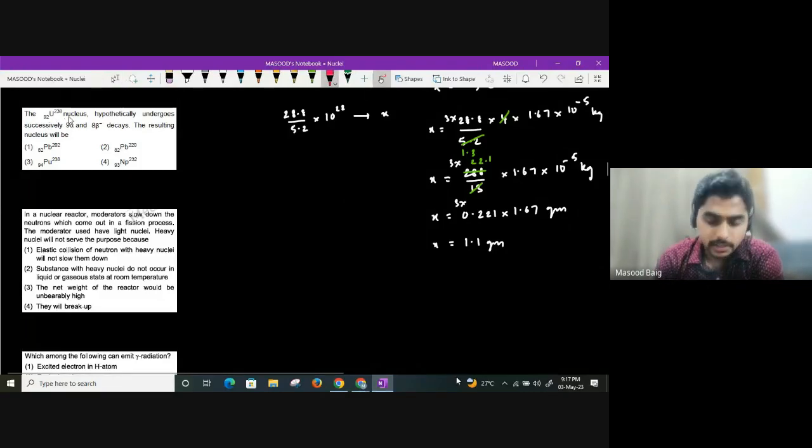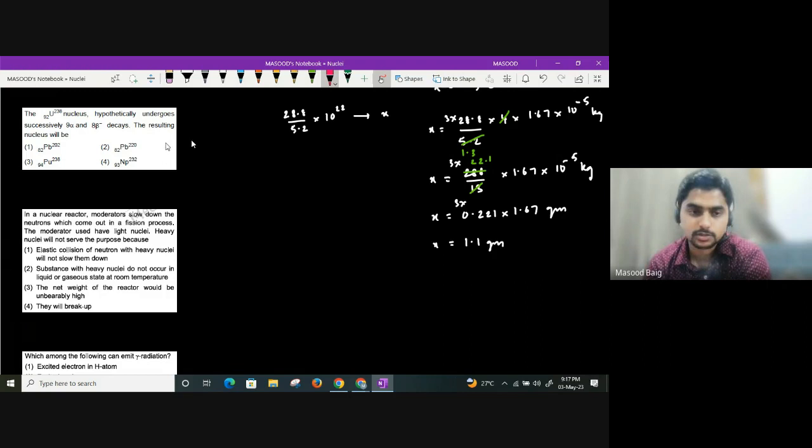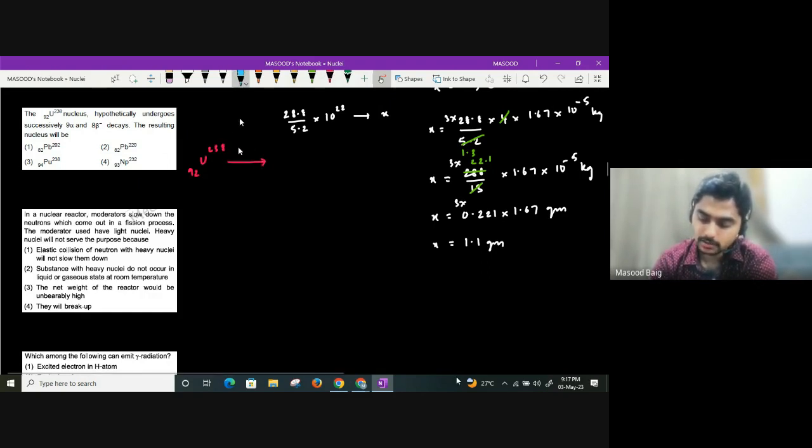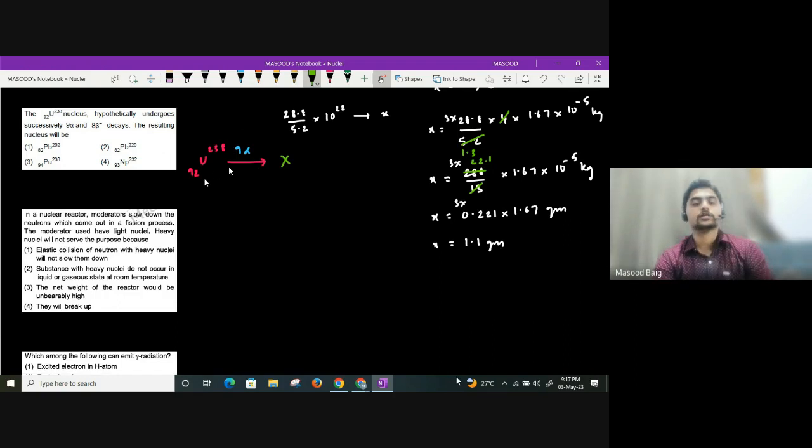Uranium 238 is given. Hypothetically it undergoes 9 alpha and 8 beta decays. Right, so uranium 92, 238 is there. First of all, let us say it is undergoing 9 alpha decays. In each alpha decay, what is going to happen? It will become some x. In each alpha decay, 2 decrease in your atomic number. 9 alpha decays means 18 decrease or not.